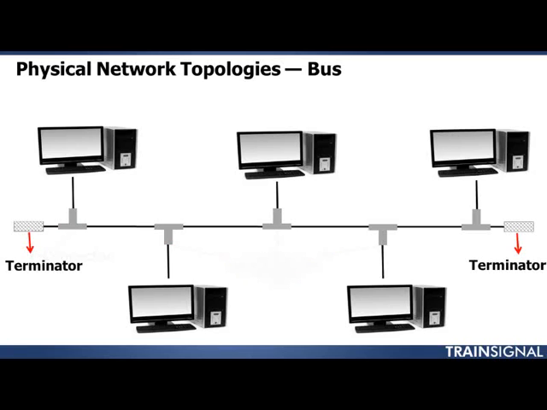Now another thing you need to know about the bus network is that you must have at both ends of the bus network something called a terminator. The reason you have to have the terminator is because, if we go to a little electrical 101 lesson, I know you hear me say that a lot because these are just some of the basics of electrical engineering and how things work, when you have an electrical signal traveling on a cable, when it gets to the end of that cable, the signal bounces back in the other direction.